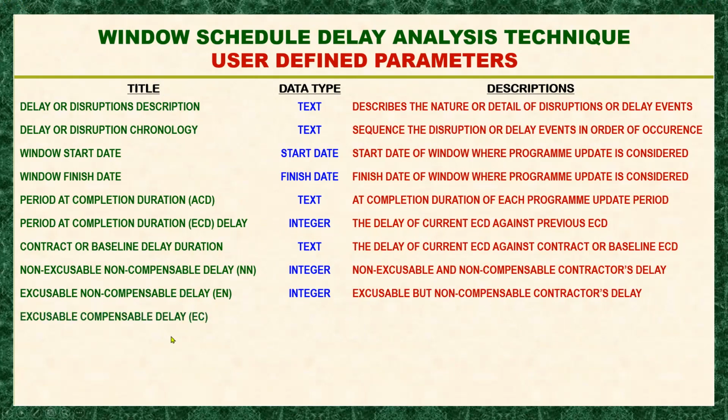So, excusable, compensable delay. What is the example of this one?